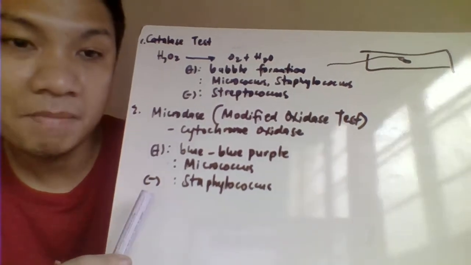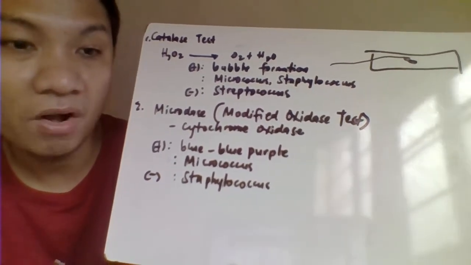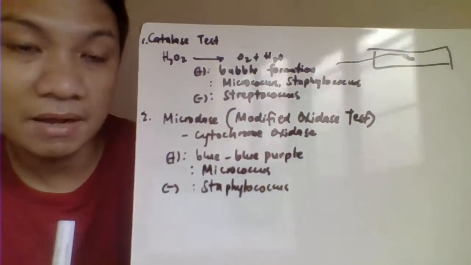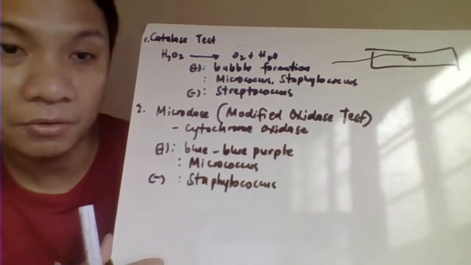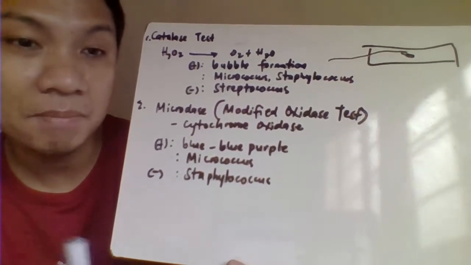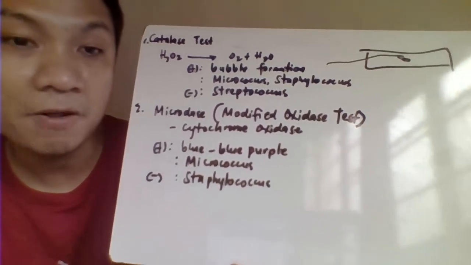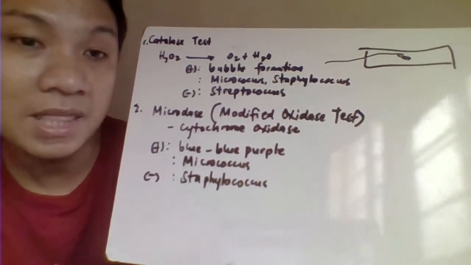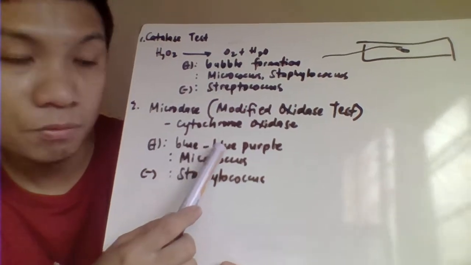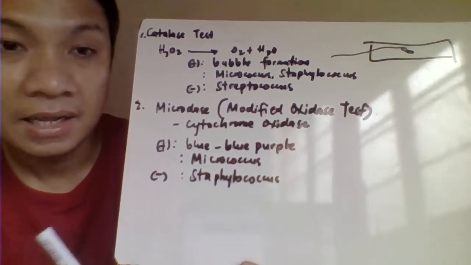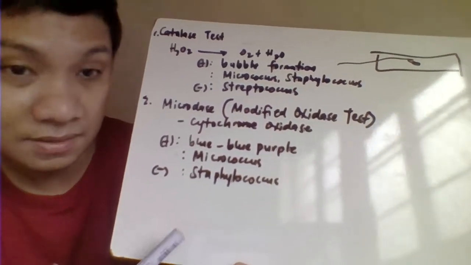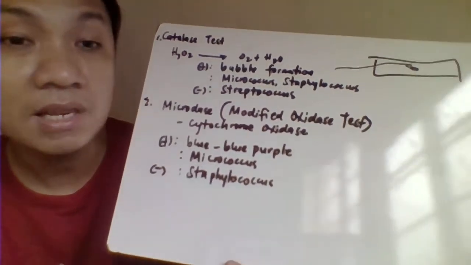Another one is the Microdase test. This is the test for oxidase. The modified oxidase test identifies the enzyme cytochrome oxidase. We have the Microdase reagent, which is like a test kit. You apply your bacterial inoculum on that, then add your reagent, and observe for a blue or blue-purple color. That's a positive result for the Microdase test, which is the oxidase test. It's just a modified oxidase test, but still an oxidase test.